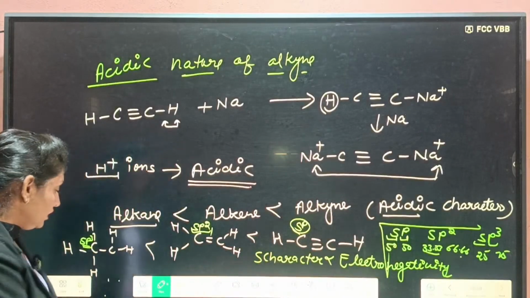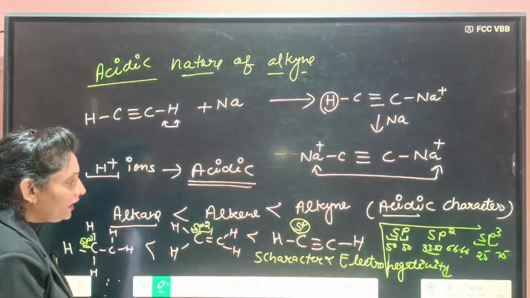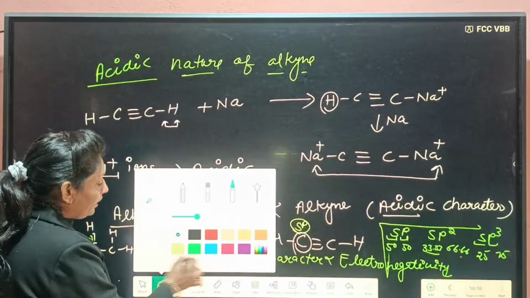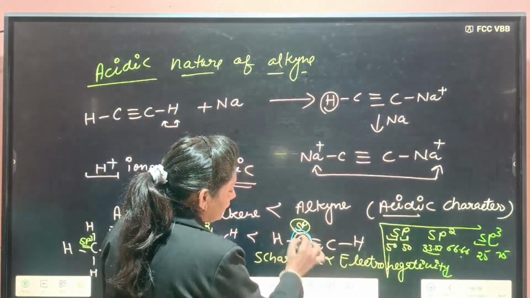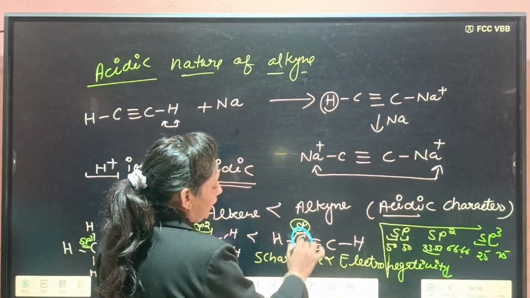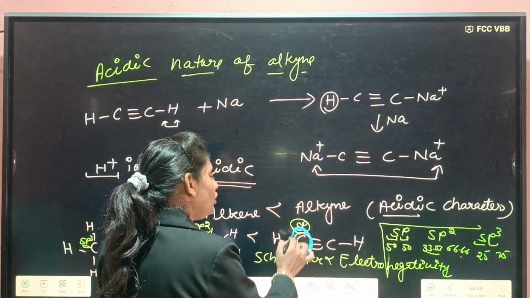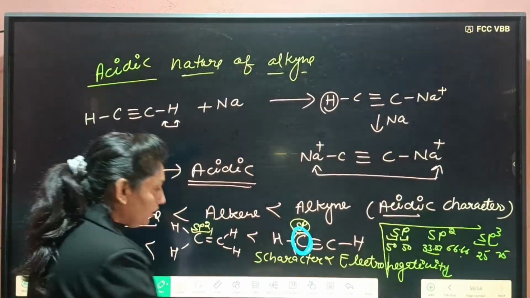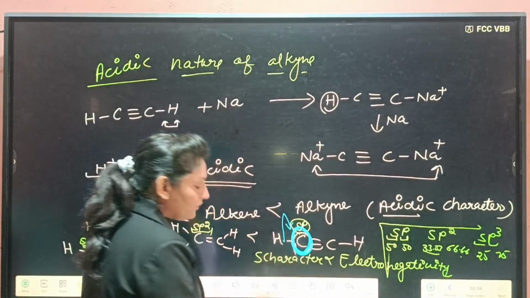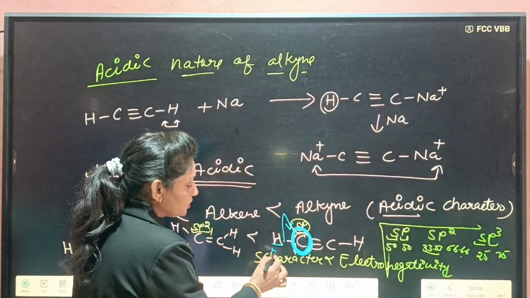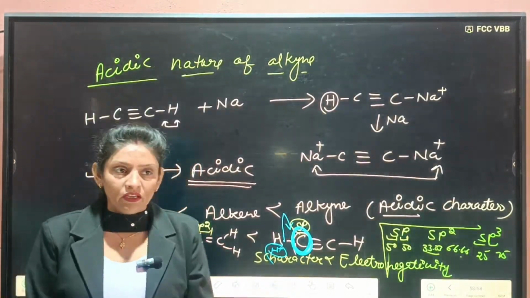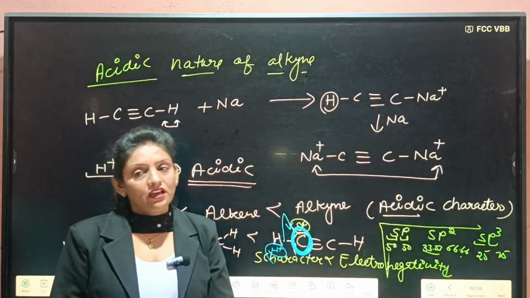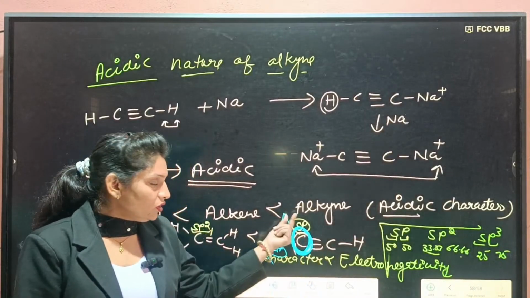So this S character makes this carbon more electronegative. Due to more S character, this carbon is more electronegative, so it has more tendency to attract electrons towards itself. If it attracts electrons towards itself, then it can release H positive easily from here. Clear or not? So why are alkynes acidic? Due to the more S character.